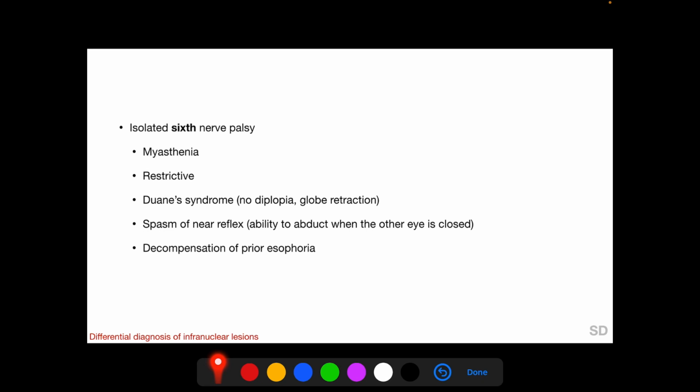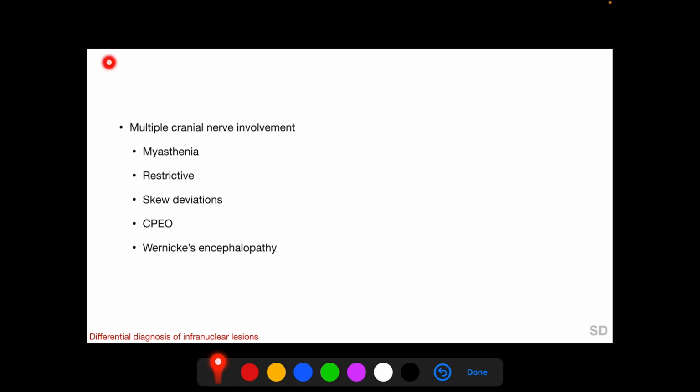The other differential diagnosis of sixth cranial nerve palsy include Duane's syndrome, spasm of near reflex, and decompensation of a prior esophoria. In Duane's syndrome, characteristically there is a globe retraction and the patient usually does not complain of any diplopia, and in spasm of the near reflex the patient retains his or her ability to abduct one of the eyes when the other eye is closed.